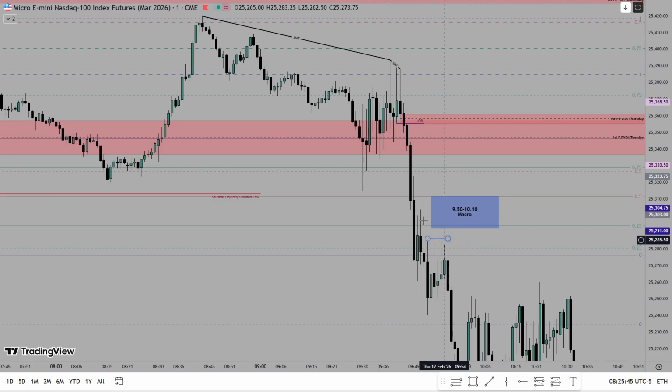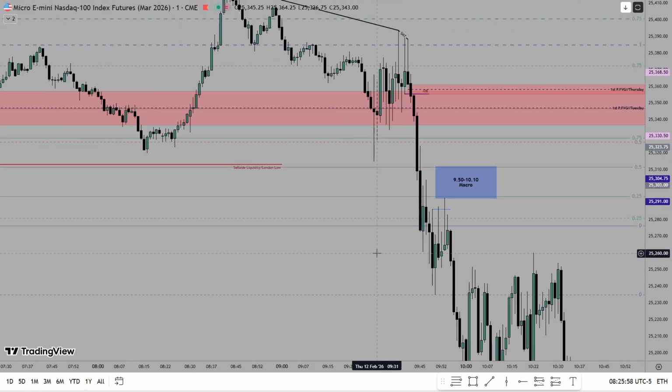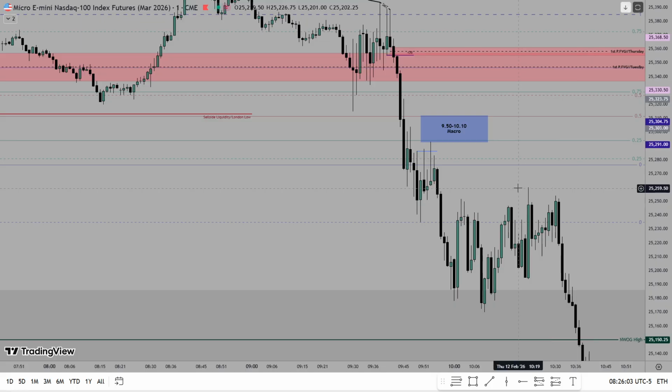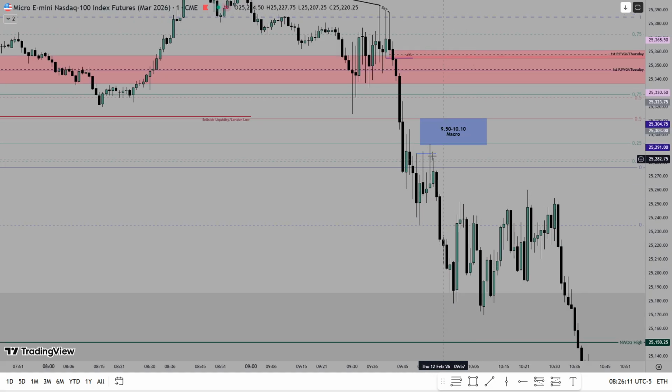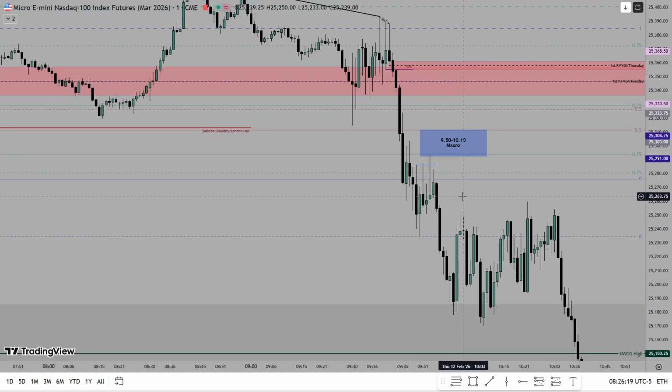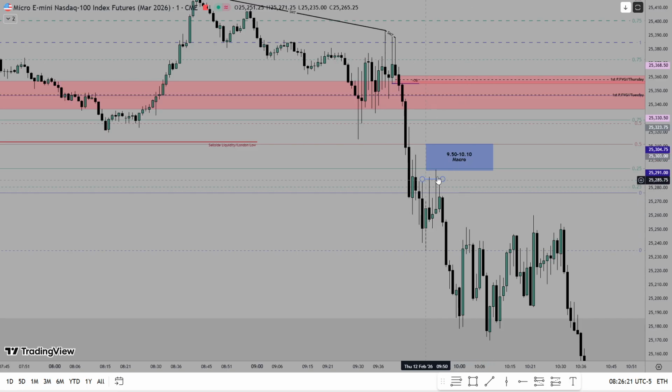Okay, and it also created the first percentage fair value gap of the day, and then it traded to this order block, immediate rebalance, and fell sharply lower. There was a turtle soup entry inside this 9:50 to 10:10 macro, but I didn't take this one. This was a low probability for me. I was not confident to take this trade, so I let it go.